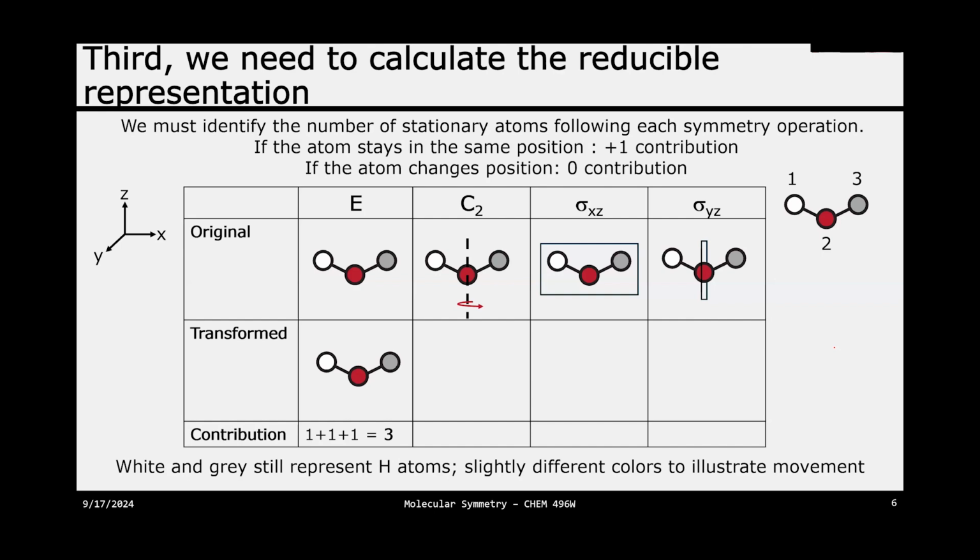The oxygen stays. Both our hydrogens get switched because we just did a 180 rotation, but our oxygen stays. So what's the contribution here? Things that move are 0, things that stay the same are 1. So 0 for both our hydrogens, 1 for our oxygen.